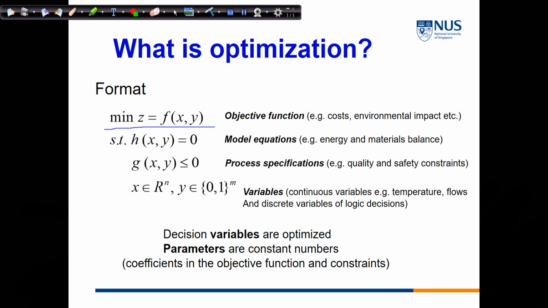And the constraints: here we use subject to, with ST as the symbol. Now I will start to write my constraints. Think about constraints. They can either be equalities, equations, like all you learned in the previous courses: heat and energy balance, mass and heat transfer.